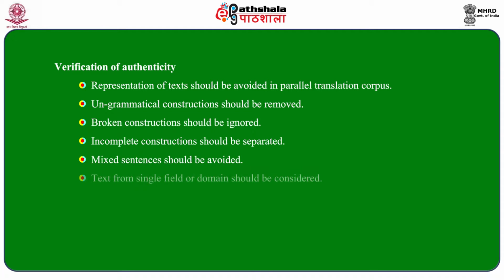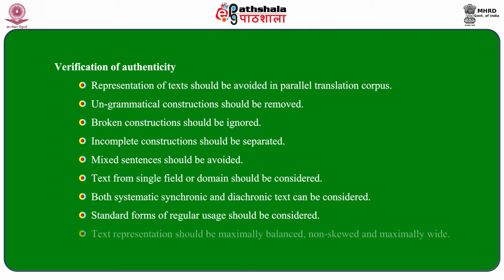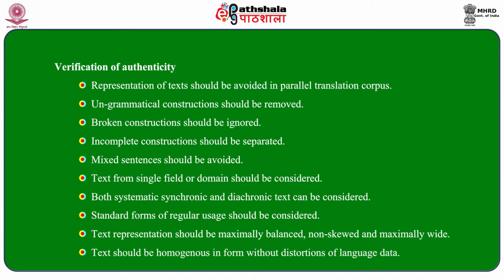Ungrammatical constructions should be removed. Broken constructions should be ignored. Incomplete constructions should be separated. Mixed sentences should be avoided. Text from single field or domain should be considered. Both systematic, synchronic, and diachronic text can be considered.